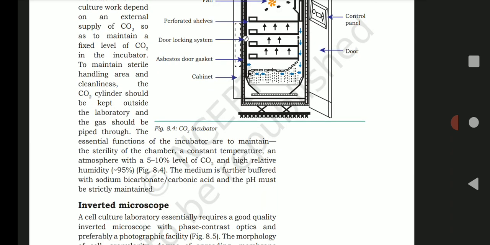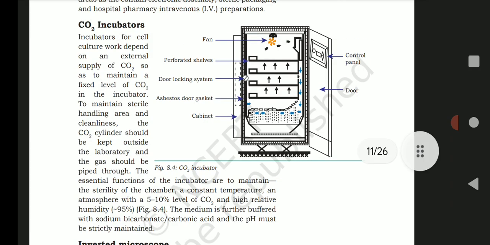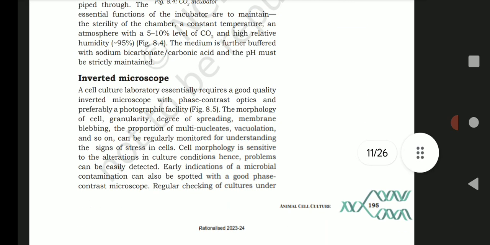Normally it also has a high relative humidity of about 95% for the growth of the medium. The carbon dioxide supplied is converted to bicarbonate buffer with the help of carbonic anhydrase, which is present in the cells. It's a natural buffering system maintained by the culture.